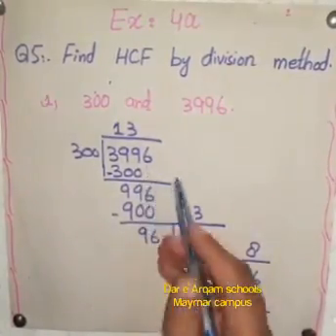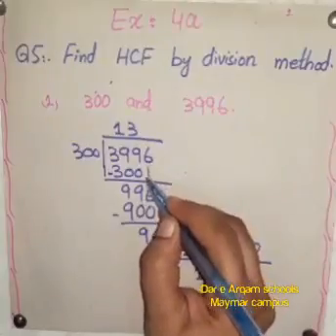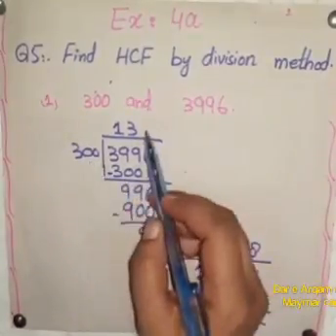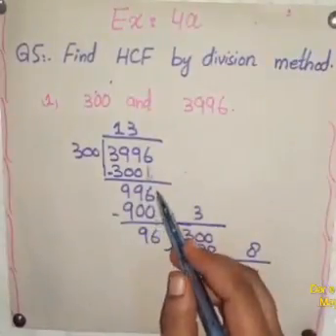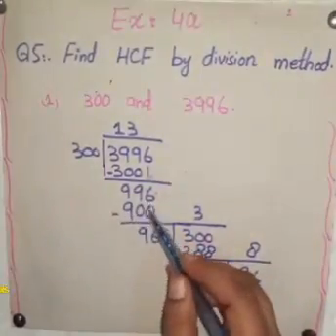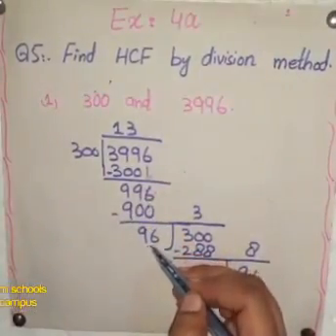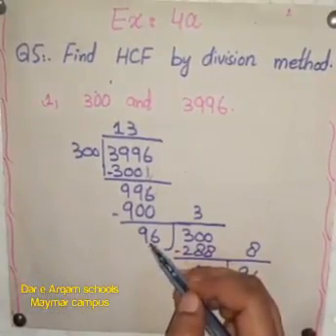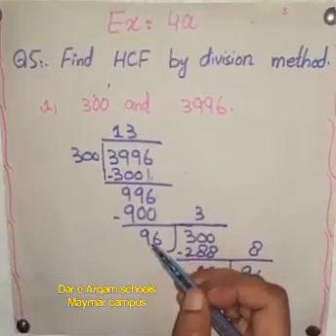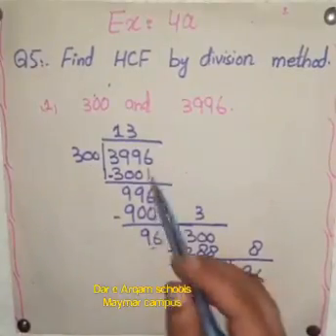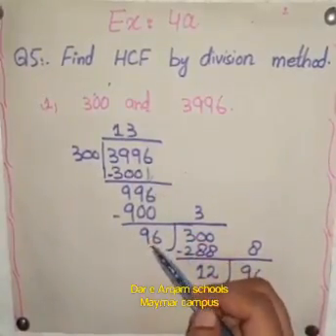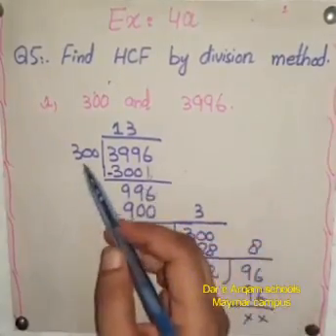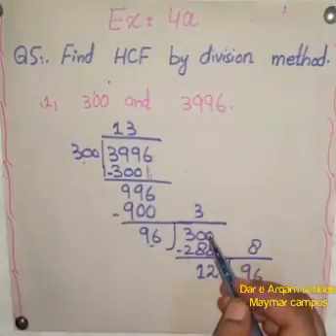Now we will take our next digit. We have here 996. When we multiply 300 with 3, we get 900. And when we subtract these two numbers, we get 96. Here we got our smaller remainder. Now we cannot divide further. So now 96 will be your divisor, and you will take 300 as the dividend.